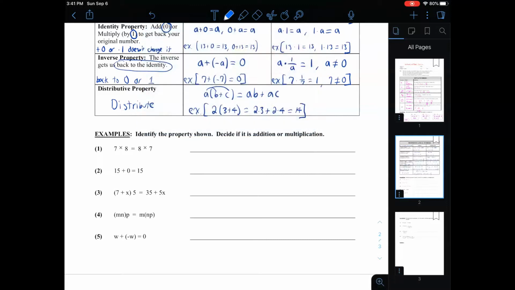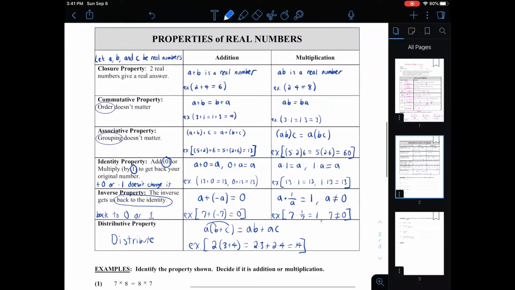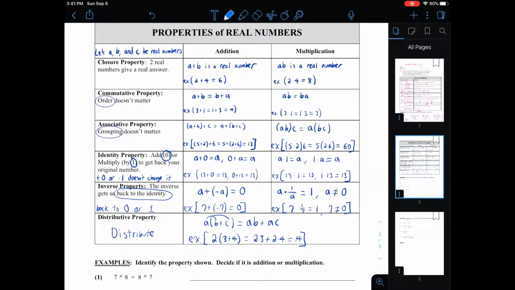Okay, welcome back. Another thing, if you're still kind of confused about this, we can do one together. And then you guys can try the rest on your own, okay? So first one is 7 times 8 equals 8 times 7. Well, I know it's going to be multiplication, right? It's not going to be addition. But what's happening here? What do we change from 7 times 8 to 8 times 7? Do we change the way we group things? Do we change the way we distribute it?